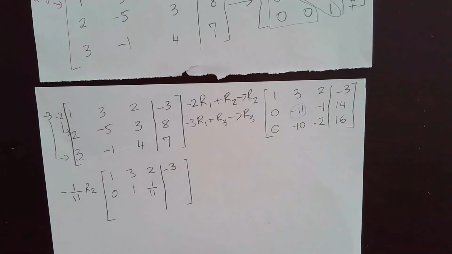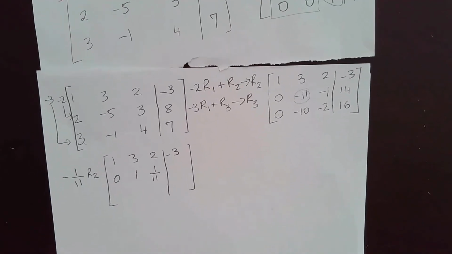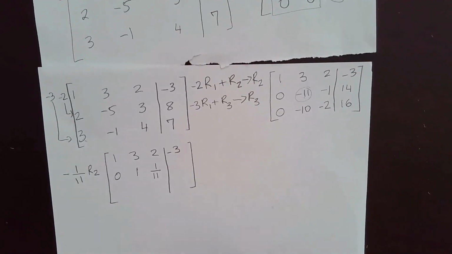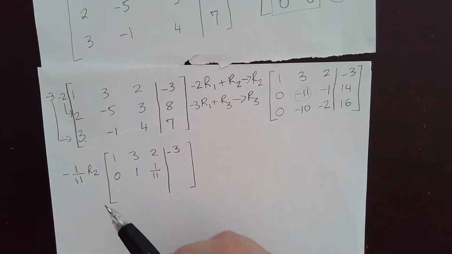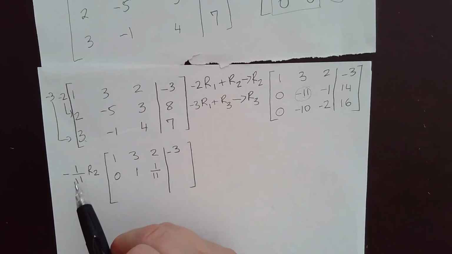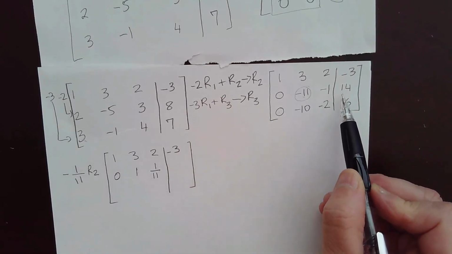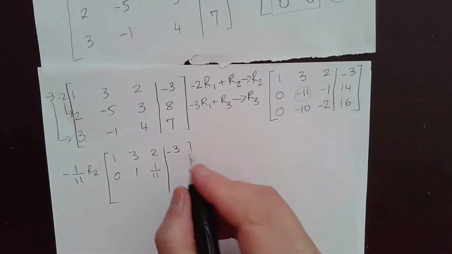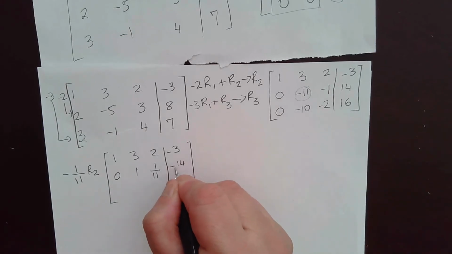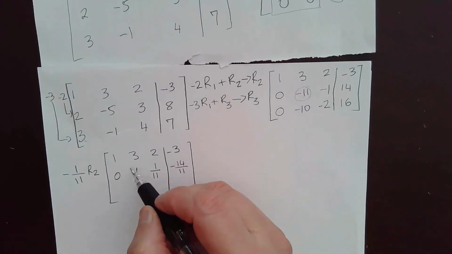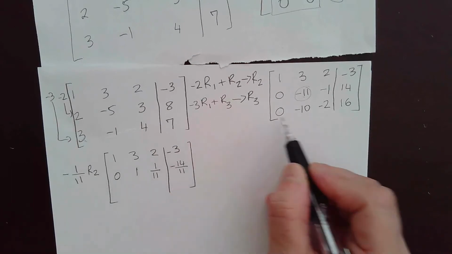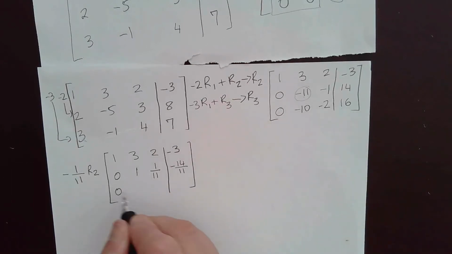Yes, you're going to end up with a fraction. A lot of times that's what's going to happen. Usually at the end you'll be okay. A lot of the answers are going to be integers. Negative 1 over 11 times 14, that's negative 14 over 11. So now I made this 0. I'm going to leave the third row as is.